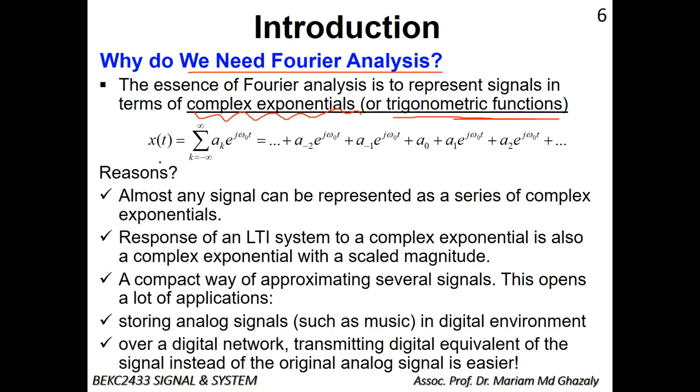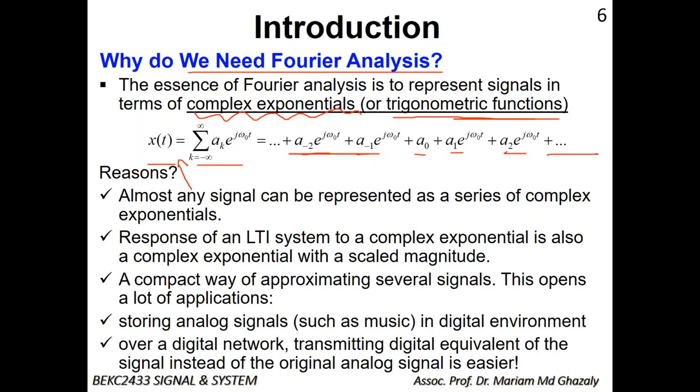Let's say that we have a signal x(t). You may write x(t) as a linear combination: the sum of a_k e^(j k omega t), which is a_0 plus a_1 plus a_2 and so on until infinity, and also the negative terms a_-1 and so on.